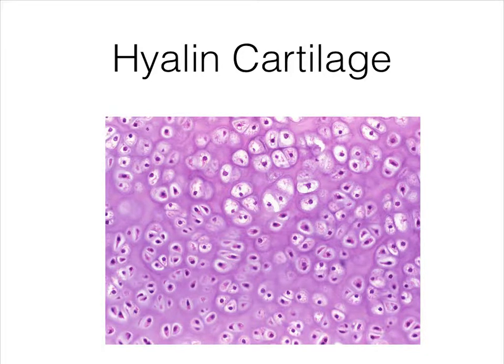These are clearly chondrocytes in lacunae. They have that very typical shape. And you can see that the cells are sort of dispersed in a medium-dense pattern all around. They're not all bunched up into lines. You don't see any elastic fibers in the background.